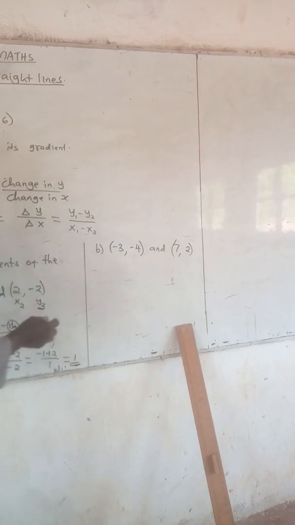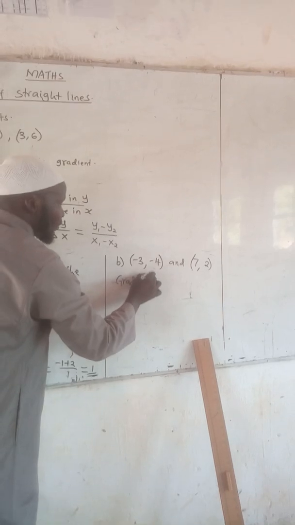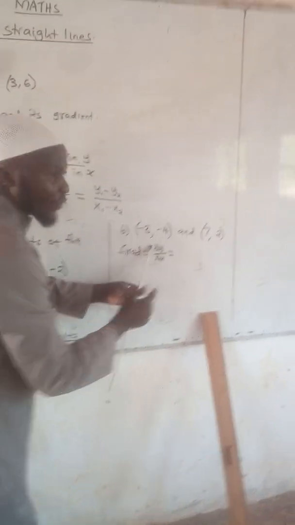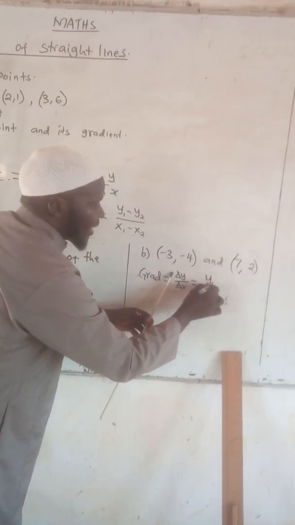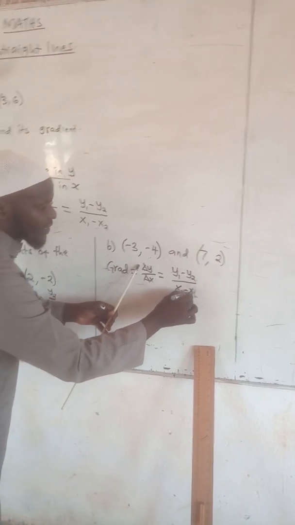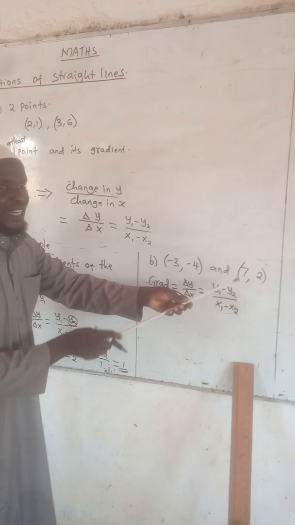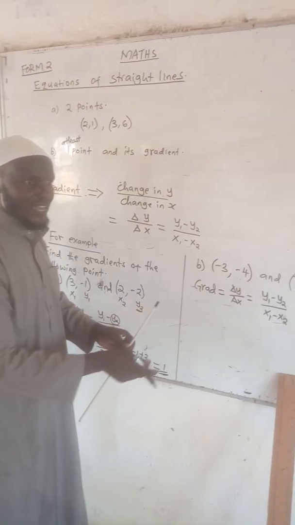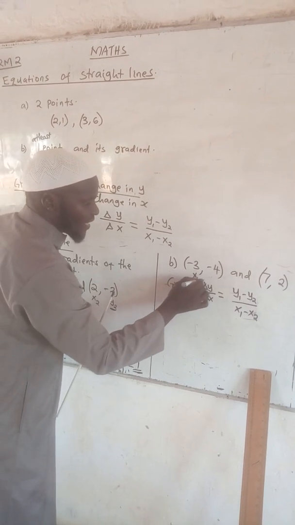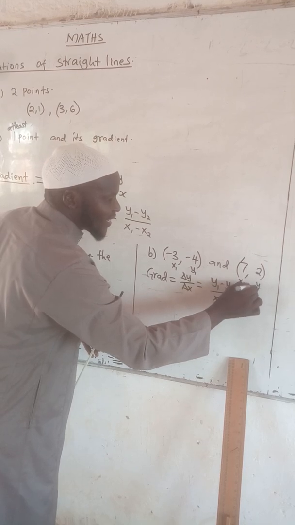So here we say that gradient is given by change in y over change in x, that is y1 minus y2 over x1 minus x2. For the points you have been given, you can decide which one is x1, y1. You can start with the first one to be x1, then y1, then x2, then y2.